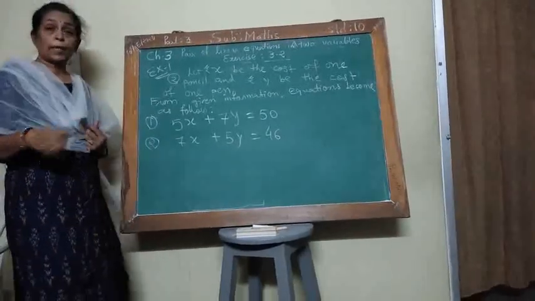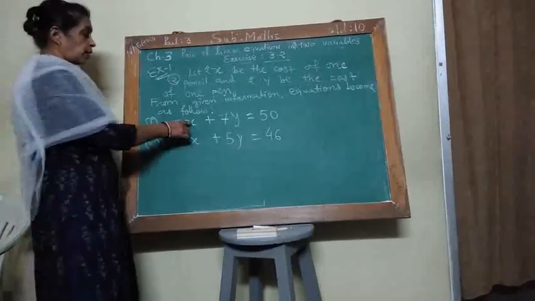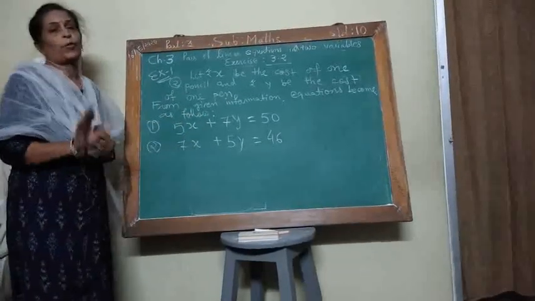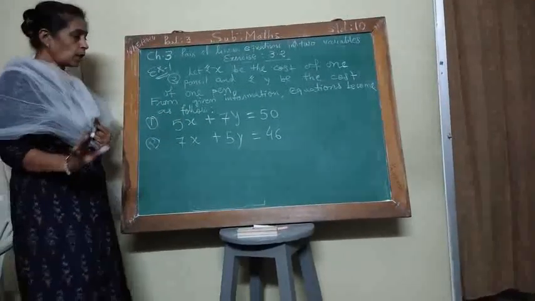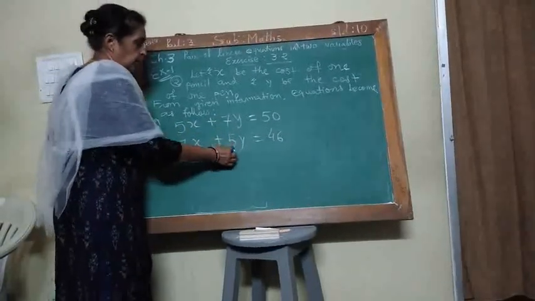Now the second question: to solve these equations by graphical means, find the values of x and y such that if you put them in both equations, then both are satisfied. Now you see that here the coefficients are 5, 7, 7, 5.